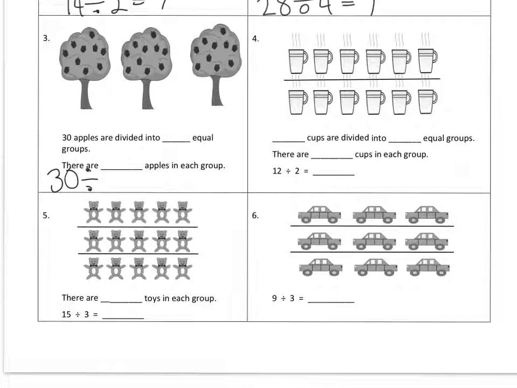So 30 divided by 3 equals, that's our problem. There are blank apples in each group. So we need to find out how many apples are in each group. 1, 2, 3, 4, 5, 6, 7, 8, 9, 10. There are 10 apples in each group.